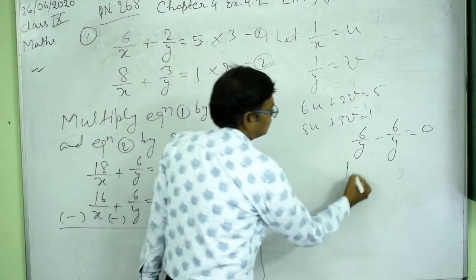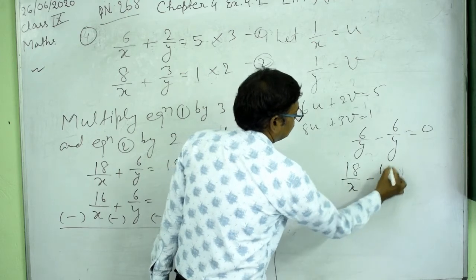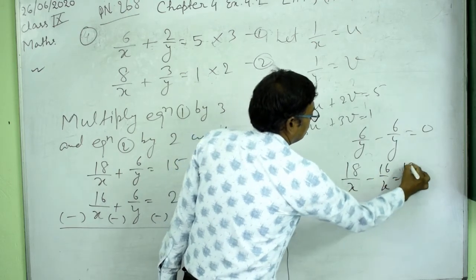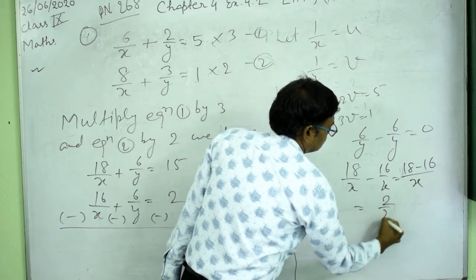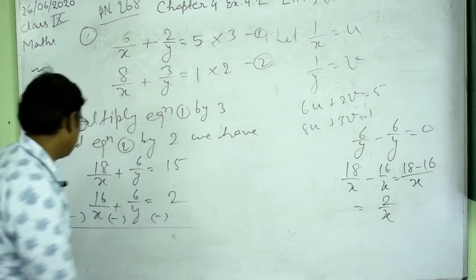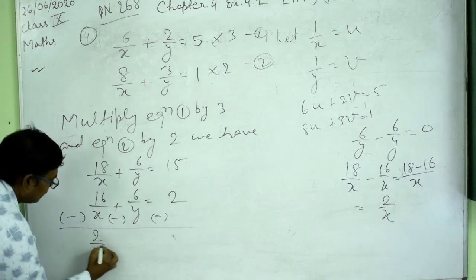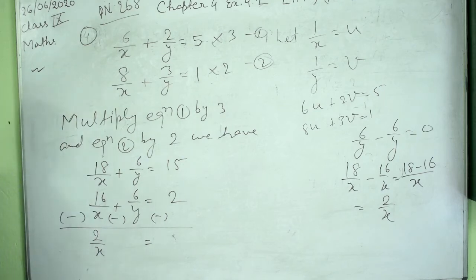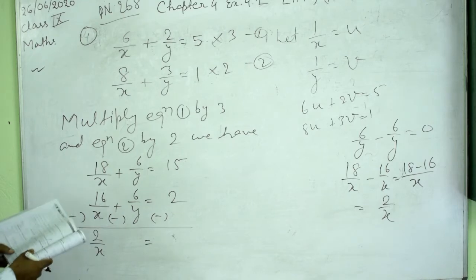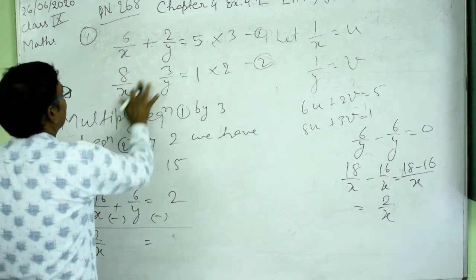Again you can see here 18 by x minus 16 by x equals 18 minus 16 by x, which is equal to 2 by x here. So we can write here 2 by x, and here 15 minus 2 will be... it is not plus here, actually this is minus, okay.